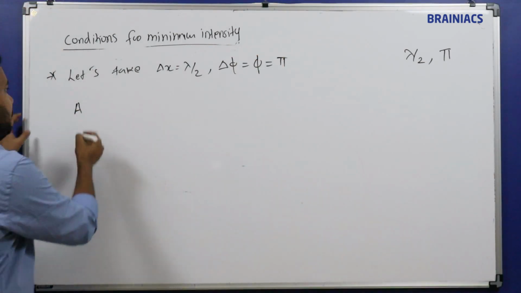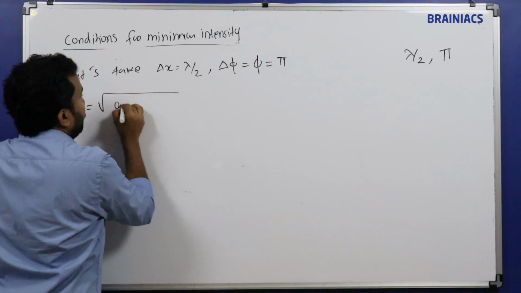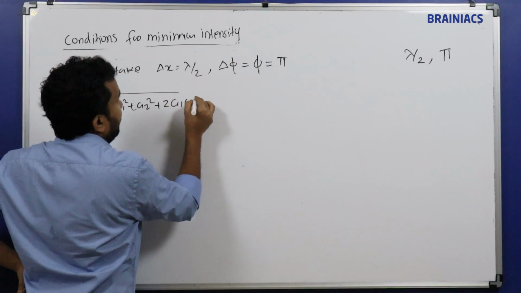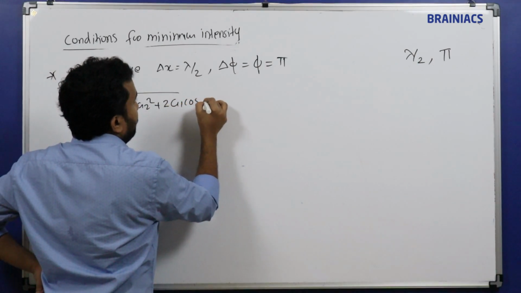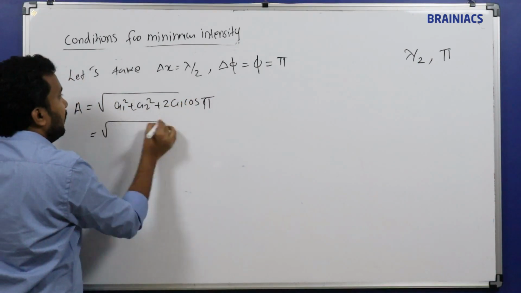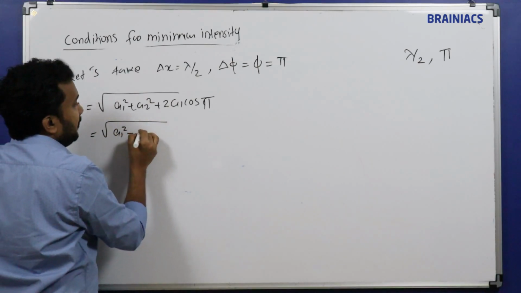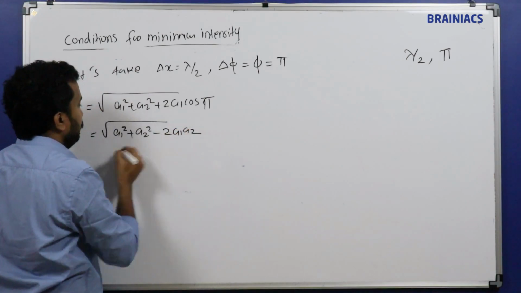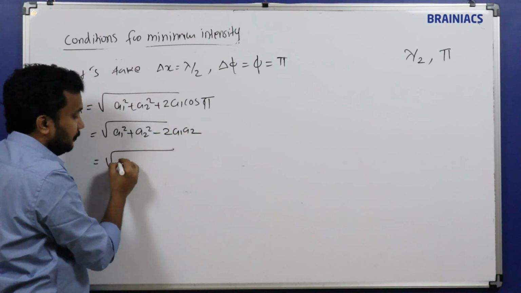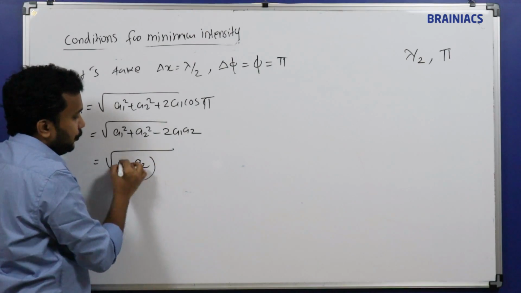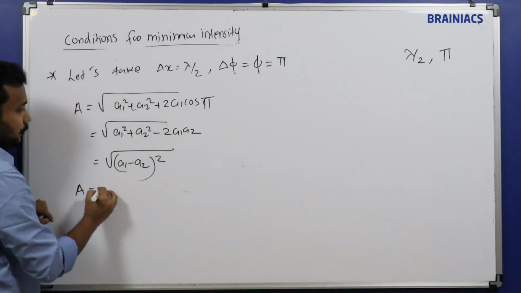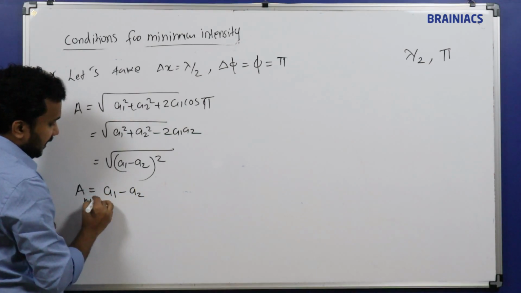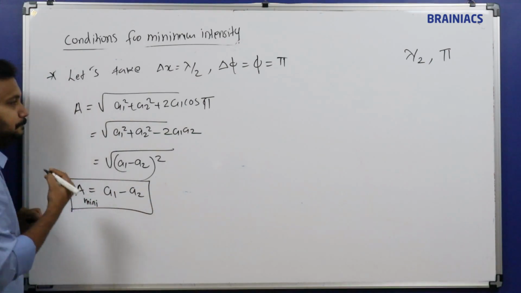We know A will be equal to root of a1 square plus a2 square plus 2a1 a2 into cos pi. Cos pi is always minus 1. So a1 square plus a2 square minus 2a1 a2. So what will come? Root of a1 minus a2 the whole square. So amplitude will be equal to a1 minus a2. This is called the minima amplitude.